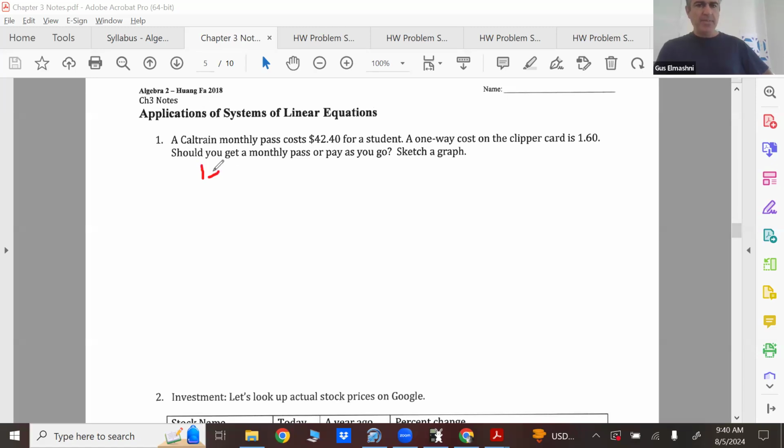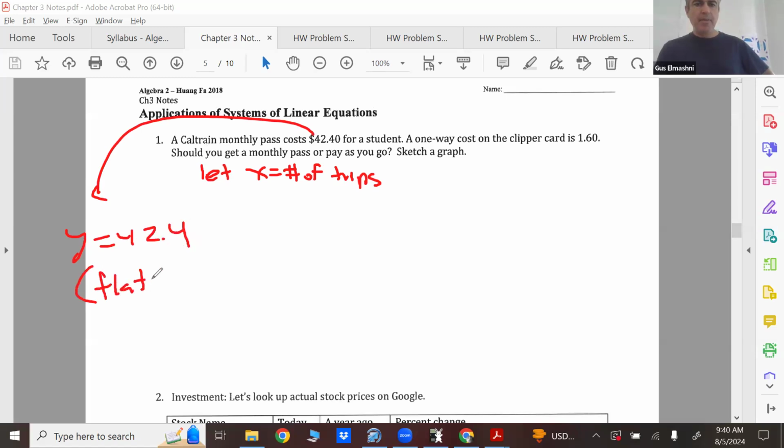I say let X equal the number of trips. So this one's just going to be Y equals 42.4, because it's just flat for the whole month. This one's going to be Y equals 1.6x.